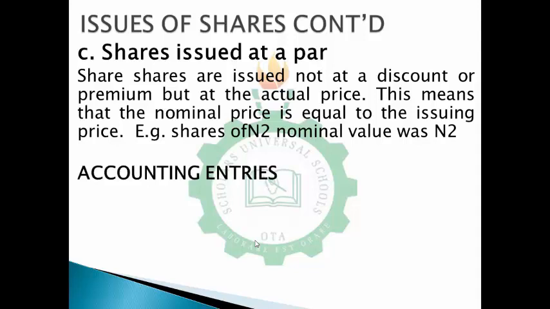All right. Now let's take note. For all of these times that you'll be issuing shares, either at premium, at discount, or at par, the accounting entries that you have to take note of would be gotten from the initial part, when I told you that there are 3 key things that you should take note of. At the point of issuing shares to members of the public, the first thing the company would do is issue a prospectus.